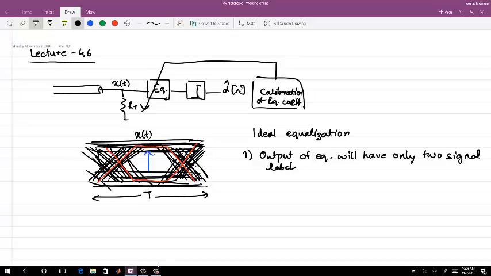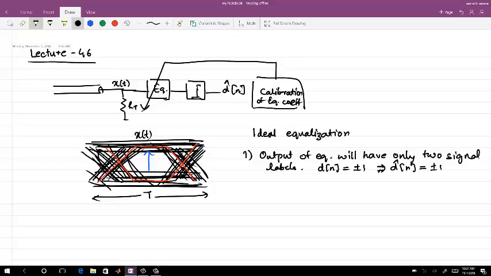I'm writing in so many words so that you get that if I transmit d of n as plus minus 1, then the estimated signal value should also be only plus minus 1. It's just an amplitude scaling. If I transmit 0.5, after ideal equalization I get plus minus 0.5.